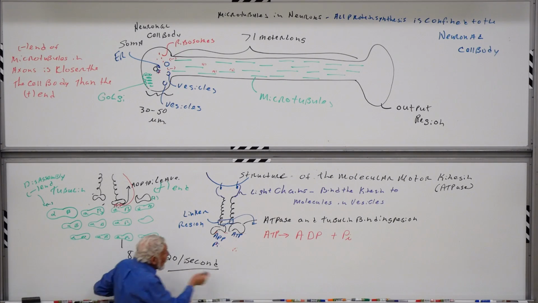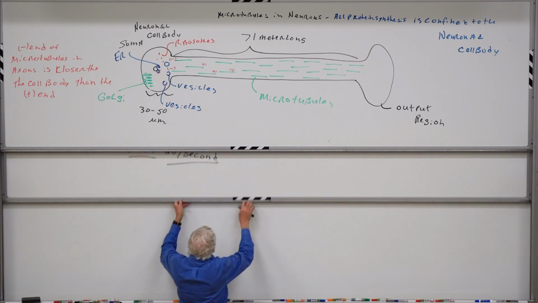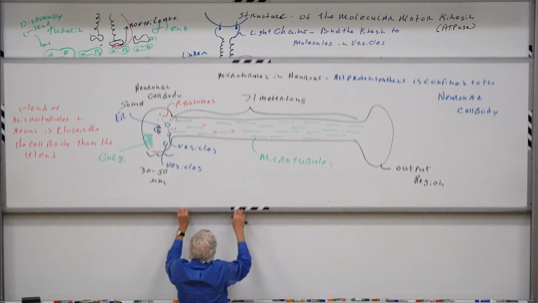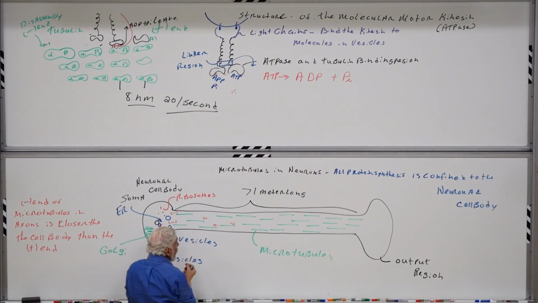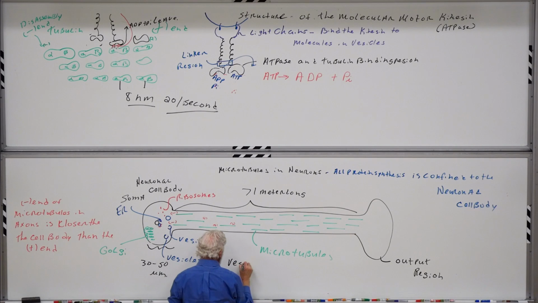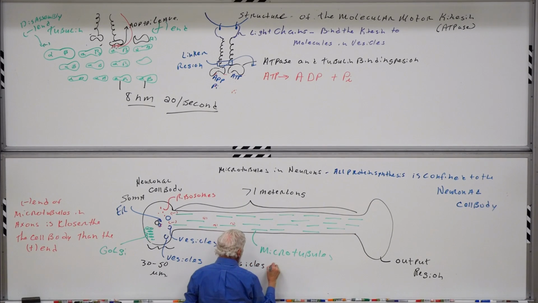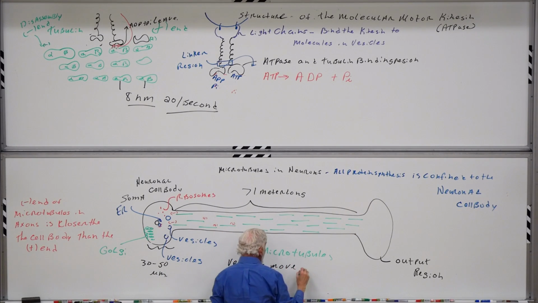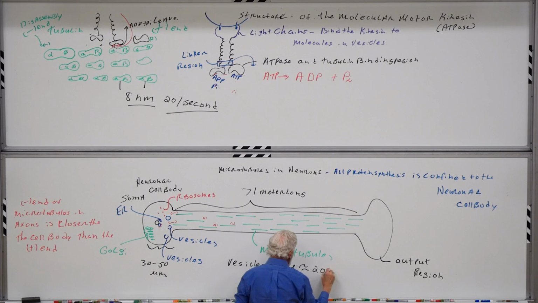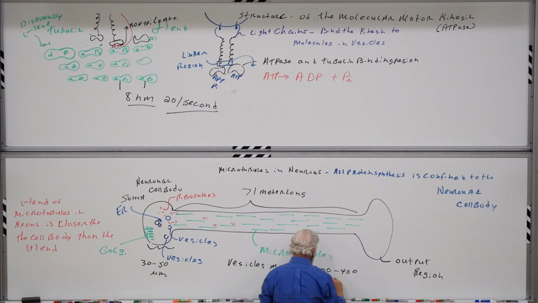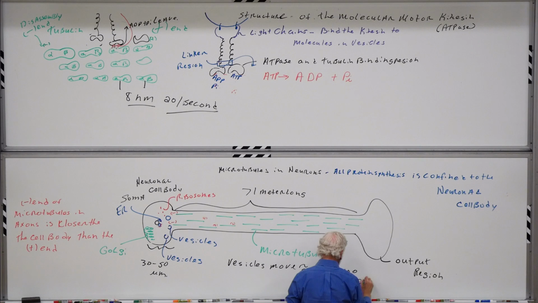So in aggregate, when we calculate the movement of the vesicle along the microtubules, vesicles move at a rate of about 200 to 400 millimeters per day.